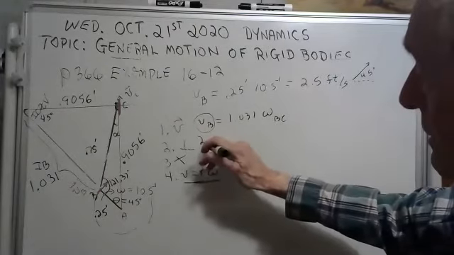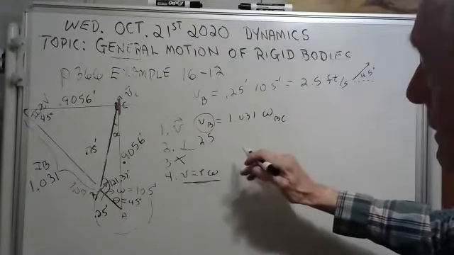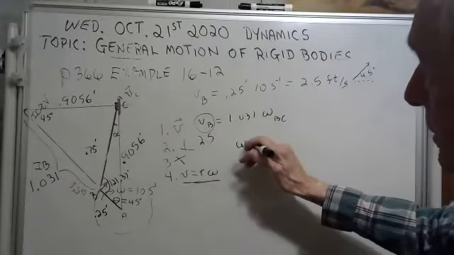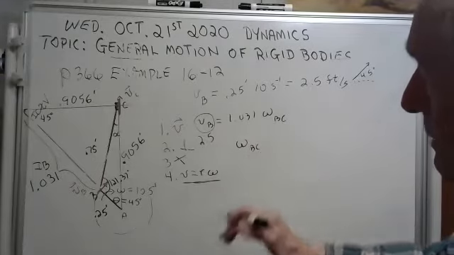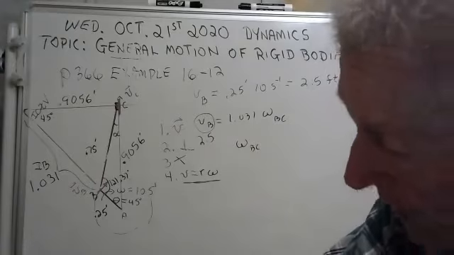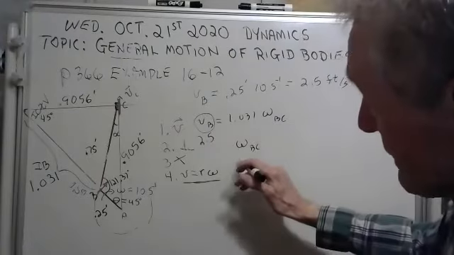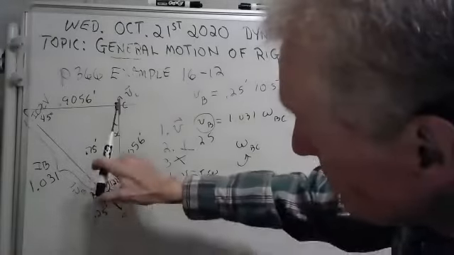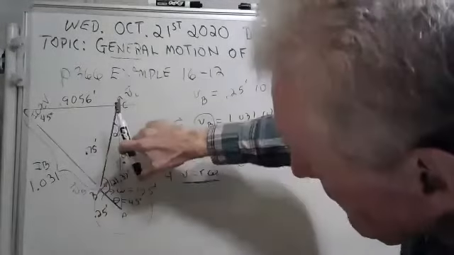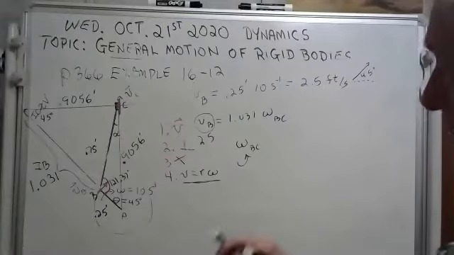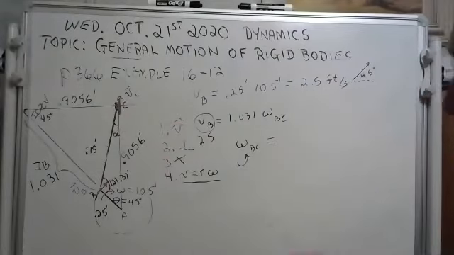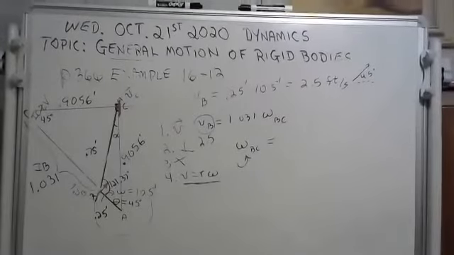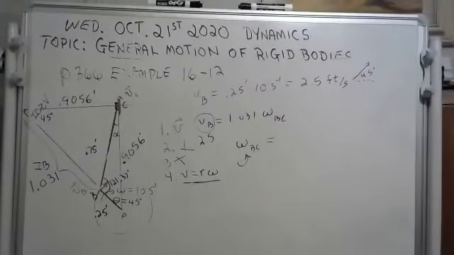Okay. Now we're going to plug that in and get the angular velocity of your connecting rod. And we know which way that is. It's counterclockwise. Remember, we had that discussion earlier. This connecting rod is rotating counterclockwise at that instant. Find the angular velocity of the connecting rod BC.